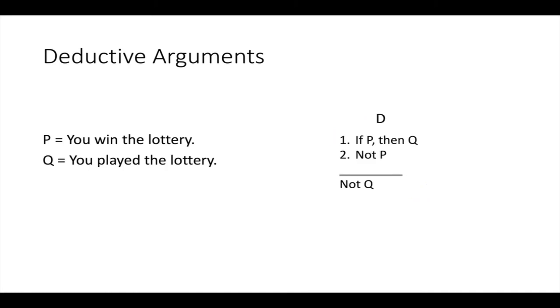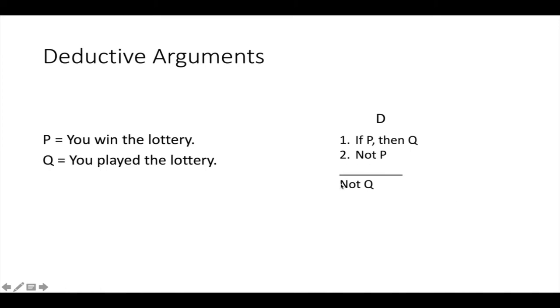Here was argument structure D, which again I said was not valid. Hopefully this will help you see why. Premise 1: if P, then Q. If you win the lottery, then Q, you played the lottery. Premise 2 says not P, so you did not win the lottery. That's what premise 2 is asserting here.